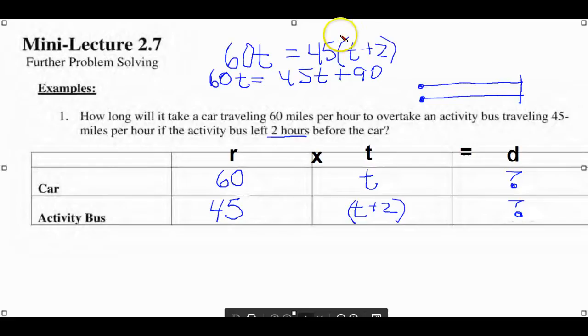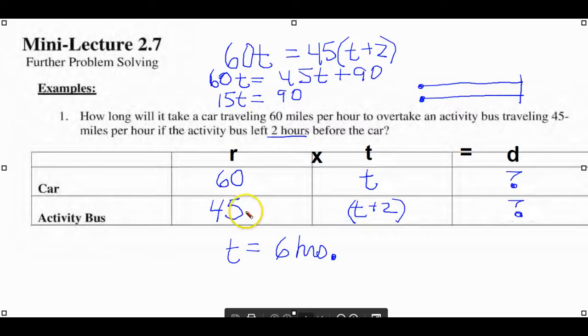So we distribute that. Now we isolate the t on one side by subtracting 45t, which will give us 15t equals 90. So t will equal 6 hours.